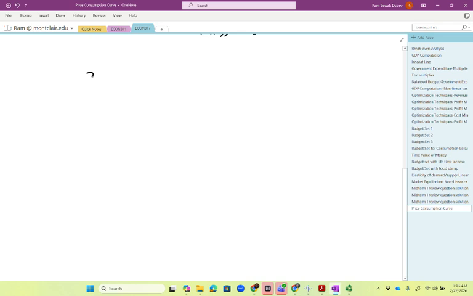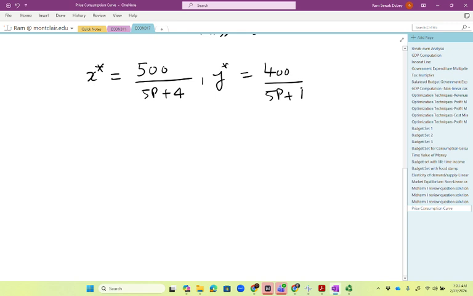So let me write the optimal consumption bundle in this case: x star to be 500 over 5p plus 4, y star to be 400 over 5p plus 4, where I have assumed the price of good x, which I had written as p subscript x before, to be p itself, because this is the only variable which we will be changing.